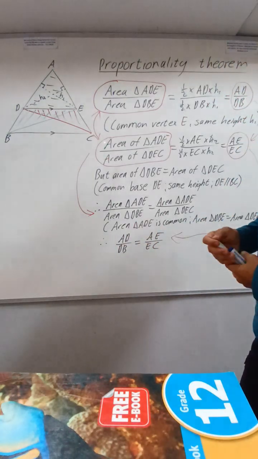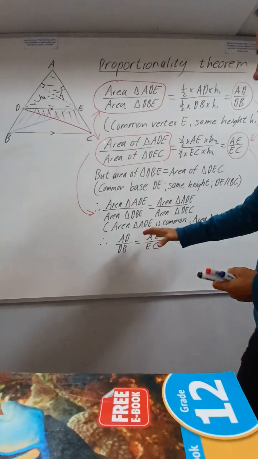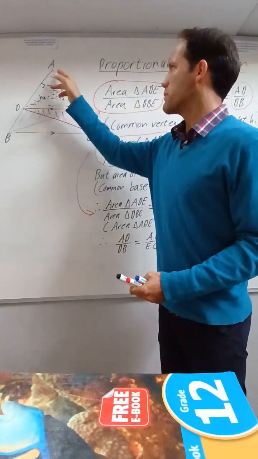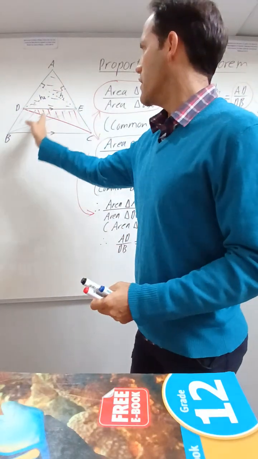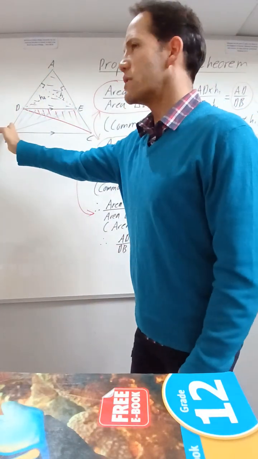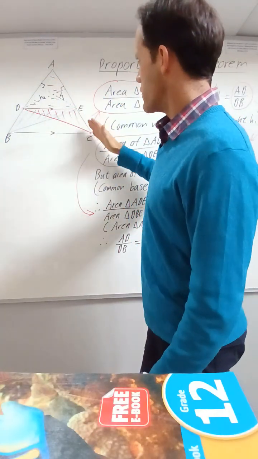Okay, and now sometimes if you do the whole proof, you can say, well, I showed it for this one and this one. What about if they draw the line here, parallel to this base? Or what if they draw the line there, parallel to this base?